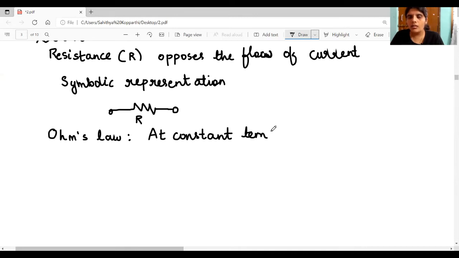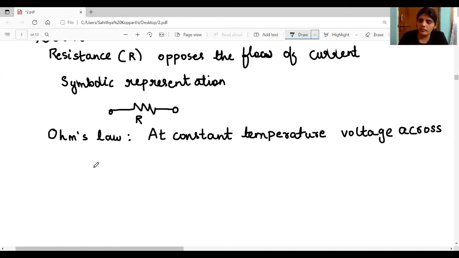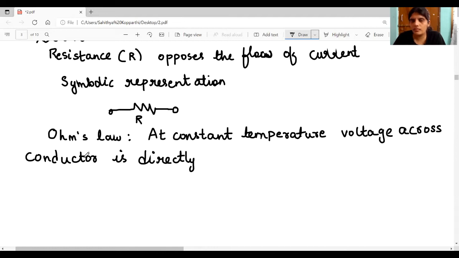At constant temperature, voltage across a conductor is directly proportional to the current flowing through it.